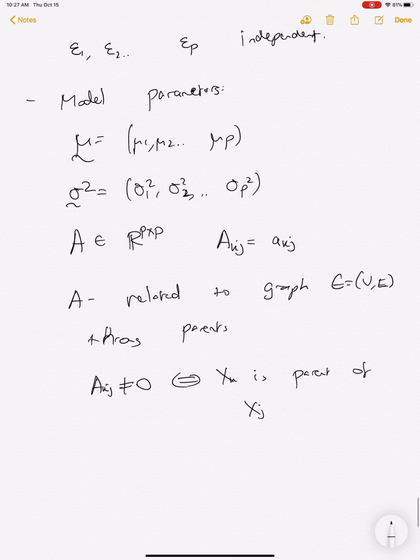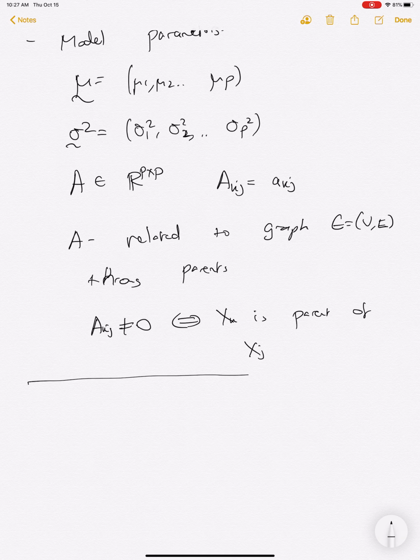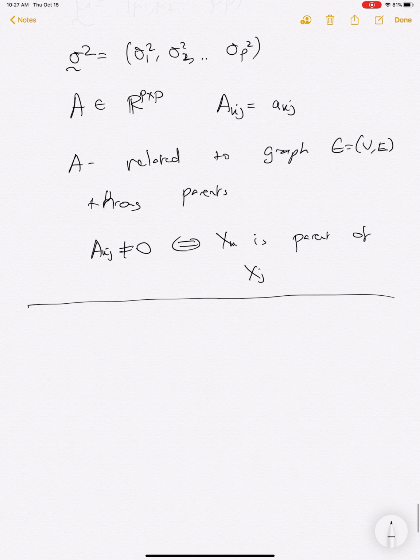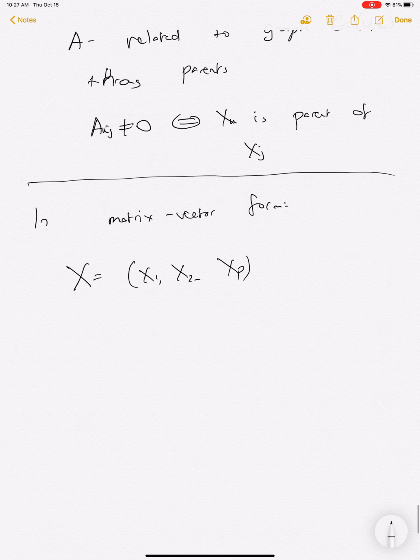Okay, so another way to interpret this is, I'm going to go again into matrix vector form. If we let x equal x1, x2, up to xp, then x is equal to mu plus A times x.